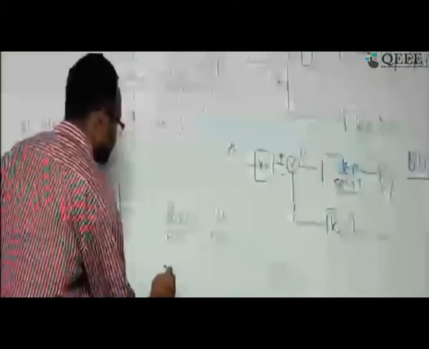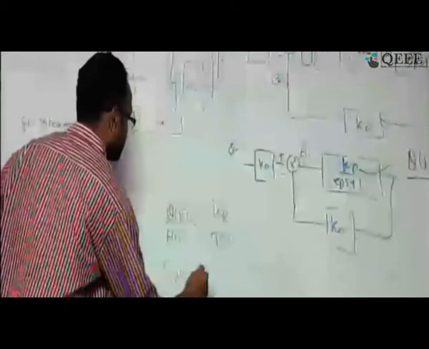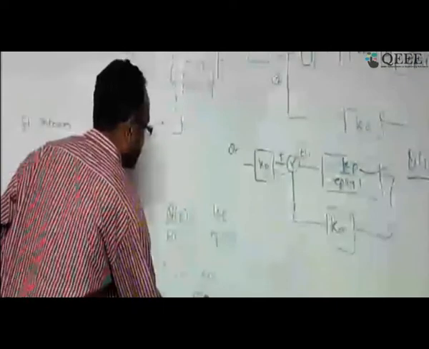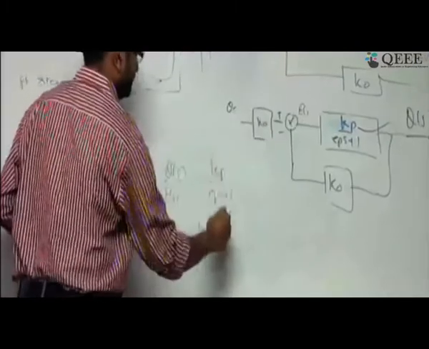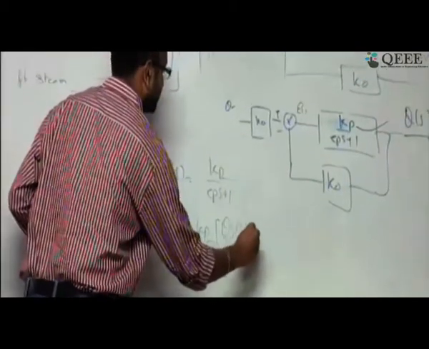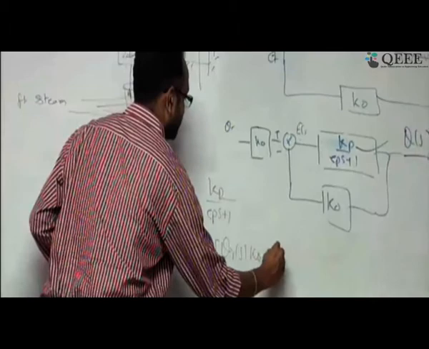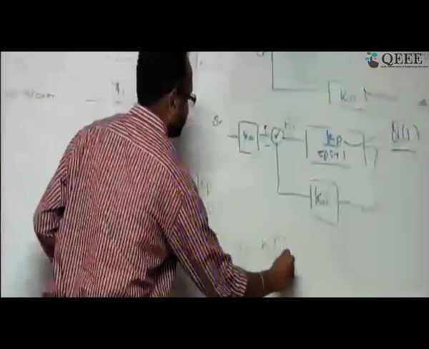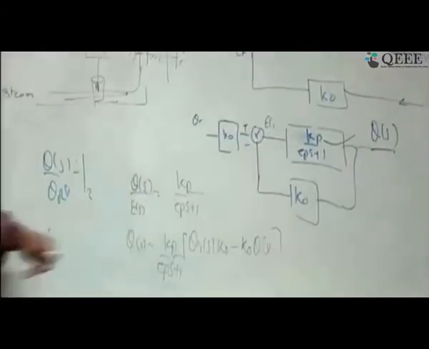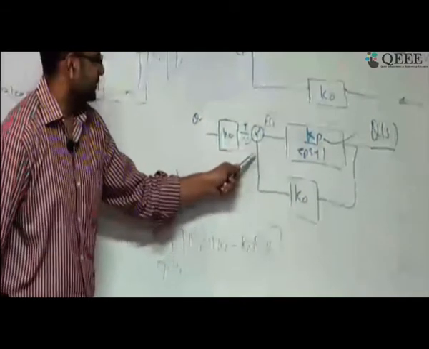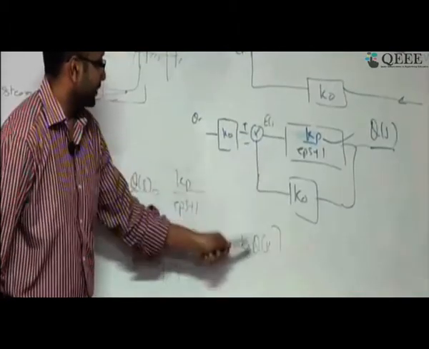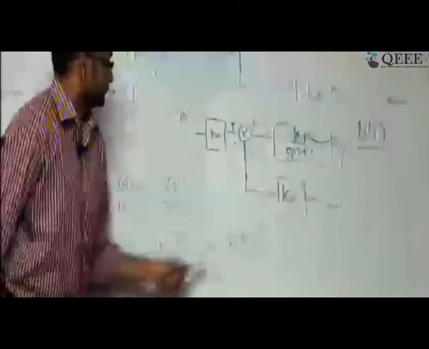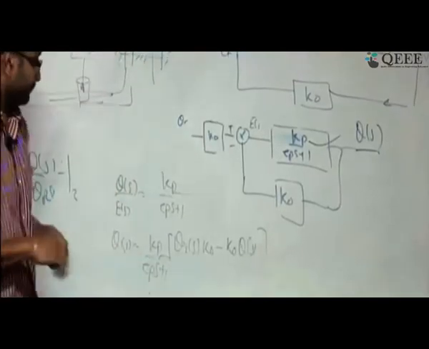Now what is Es? Es is going to be theta r s K0 minus K0 theta s. Correct? This input is going to be this signal minus this signal. This signal is theta r into K0, and this signal is theta into K0. So this error is this term. You got it?